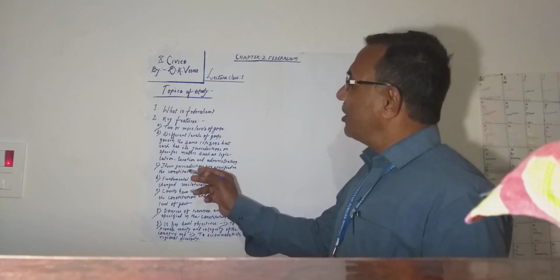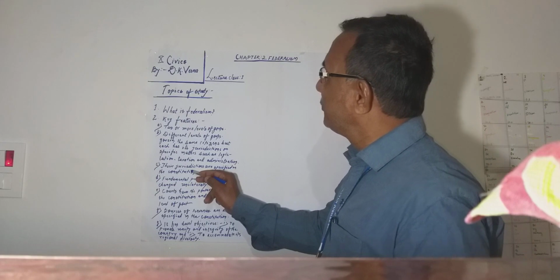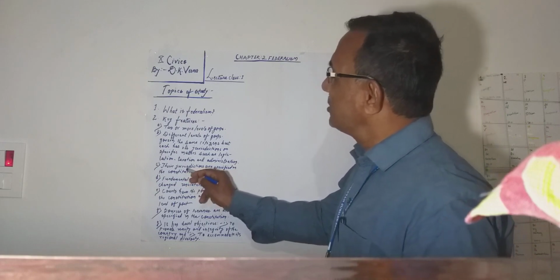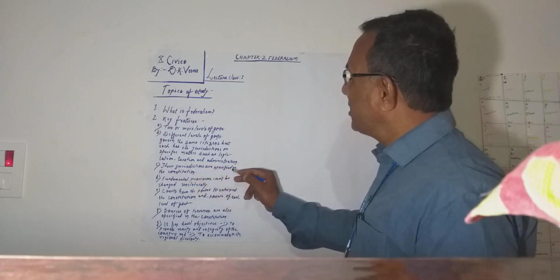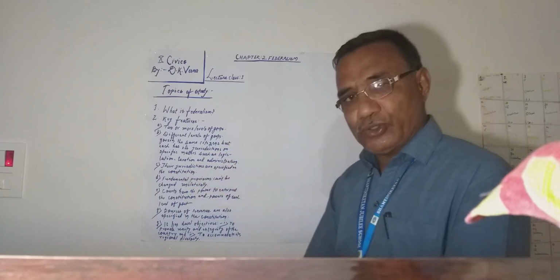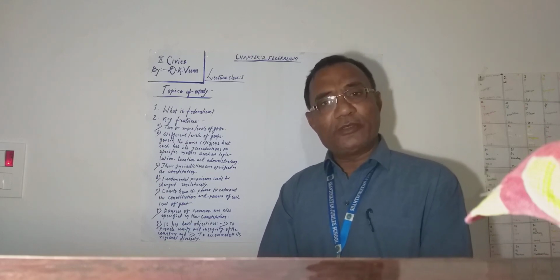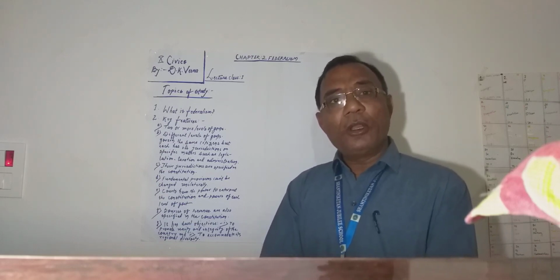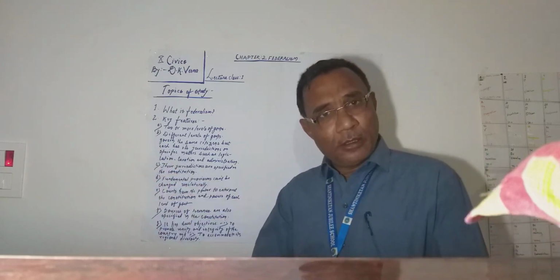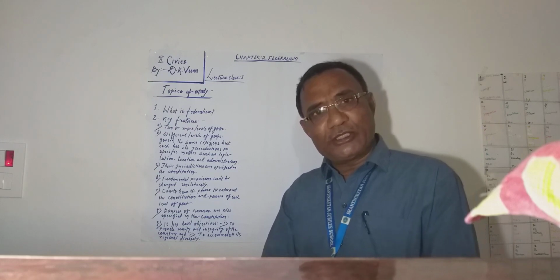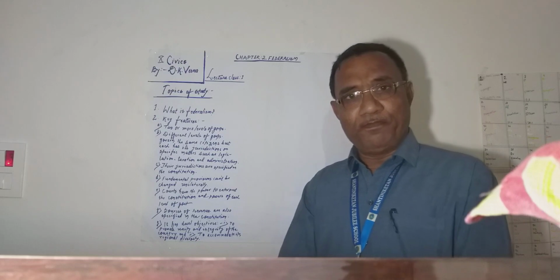Let us know about the third key feature of Indian Federation. Students, their jurisdictions are specified in the Constitution. The jurisdictions of the central government as well as state governments on fields of work are not specified orally in the Constitution, but they are written in the Constitution.